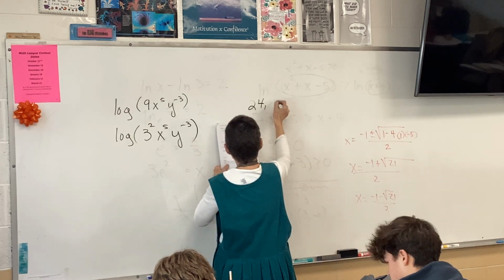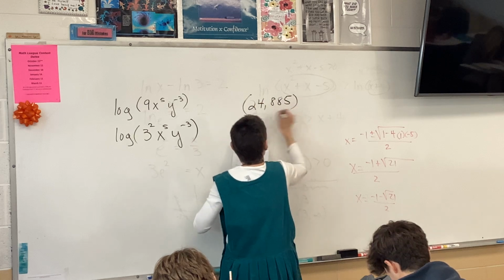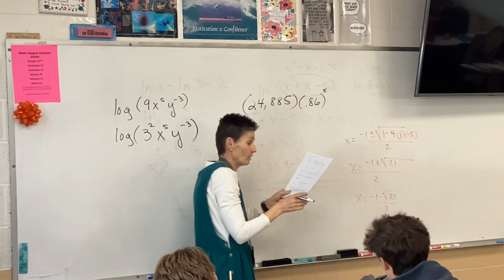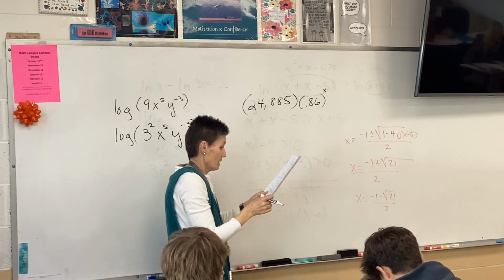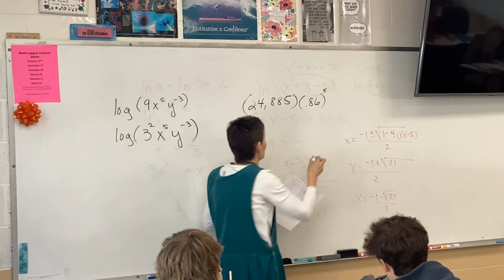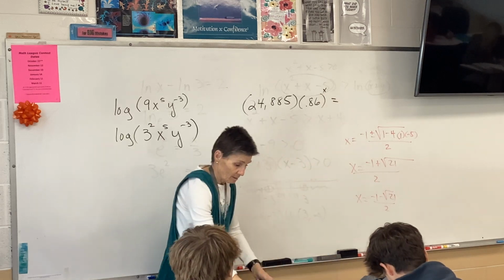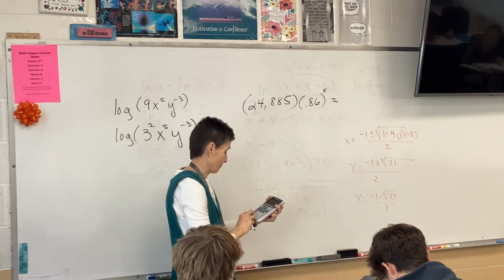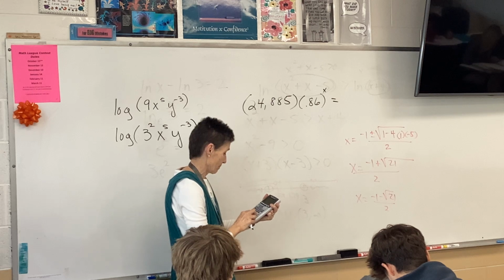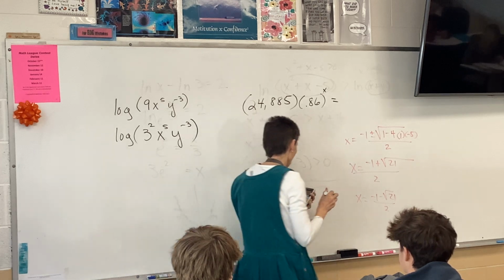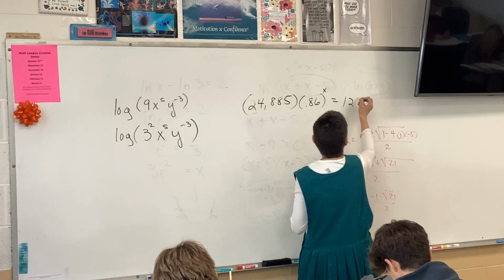So 24,885 times 0.86 to some power needs to be half of that, which is what? 12,442.50.